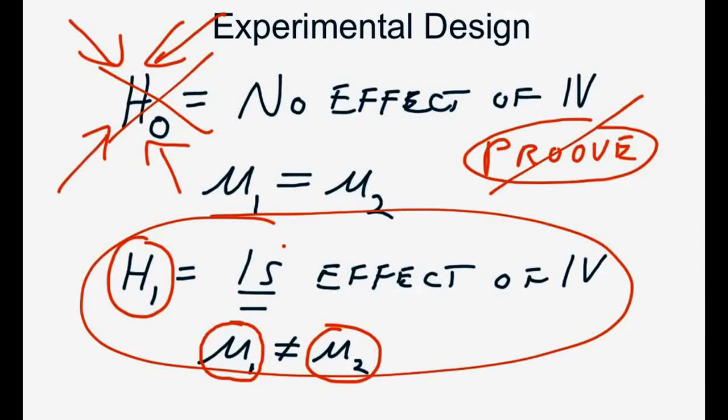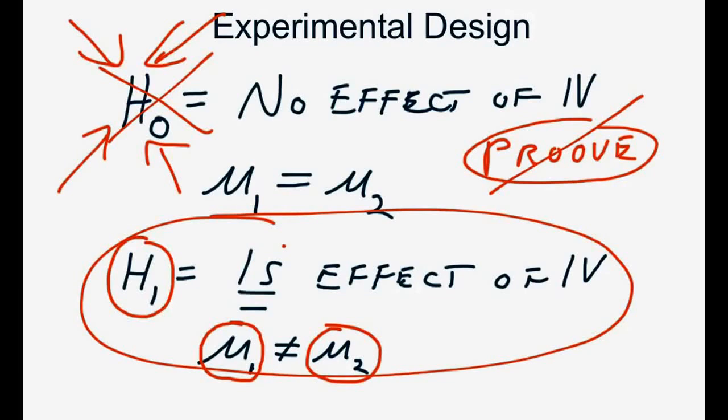That is, their electability does not change compared to another candidate who doesn't use negative ads. Okay, so that's the pattern. Always, always, always, the null hypothesis is that there is no effect of your IV on your DV, and your research hypothesis is always, always, always that it does have an effect. Your IV does affect your DV.